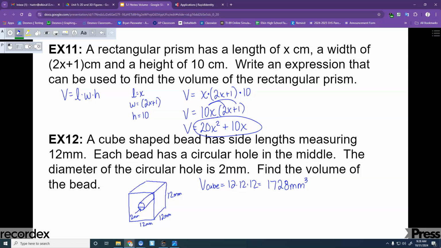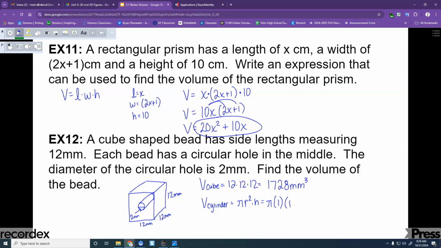So for the volume of our cylinder, a cylinder is pi times radius squared times height. What is the radius of our cylinder here? Very good. It's 1, not 2, because what's 2? That's the diameter. It's really easy to mess that up. And what is the height?